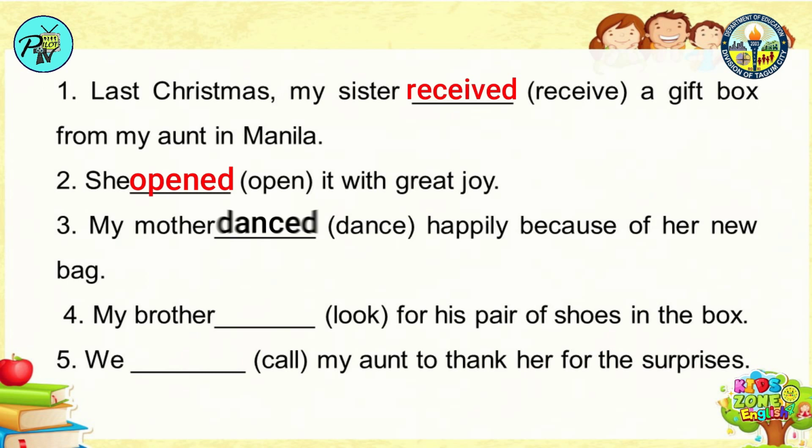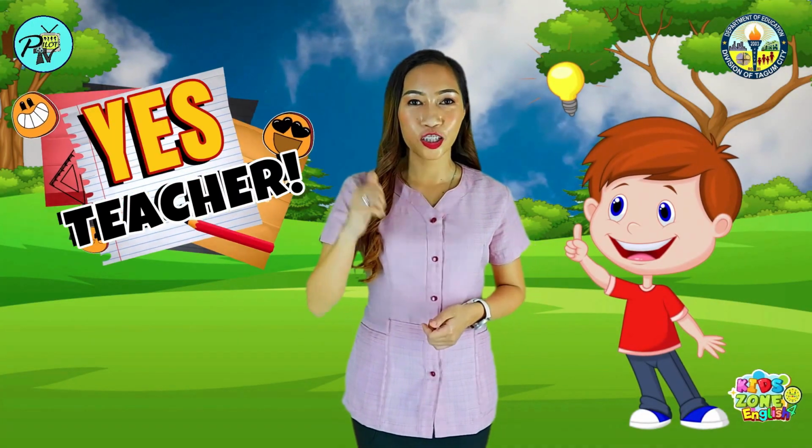What is the answer? Fantastic! The answer is danced. Number 4. The correct answer is look. And for number 5, the correct answer is called. Did you get all the correct answer, kids? Great job!